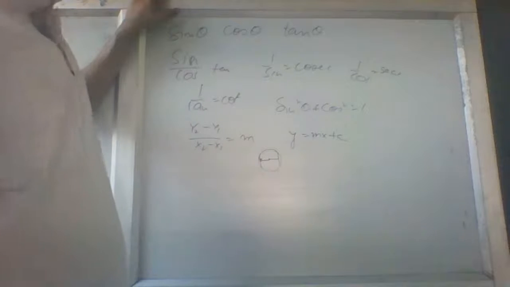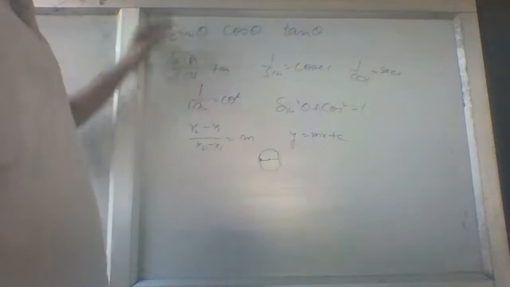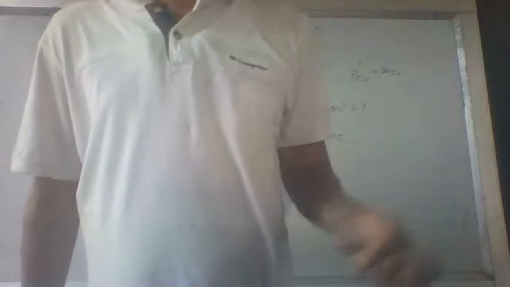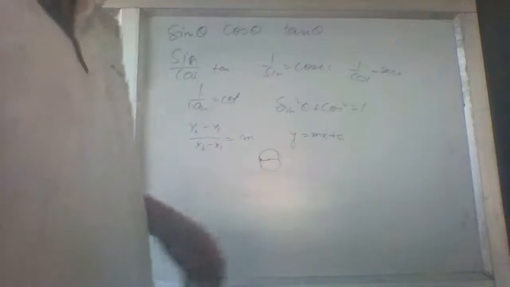So there are four important topics we studied: trigonometry, linear equations, circle, and compound interest and simple interest. All these very important topics we have finished in the past few days.